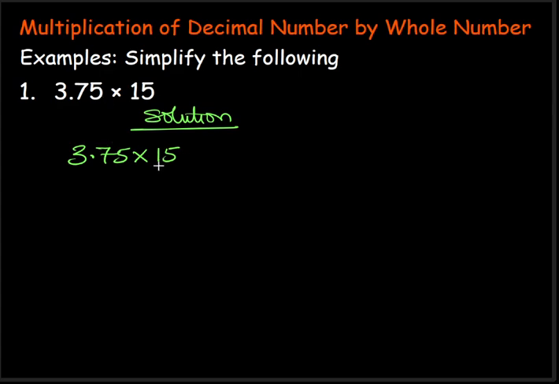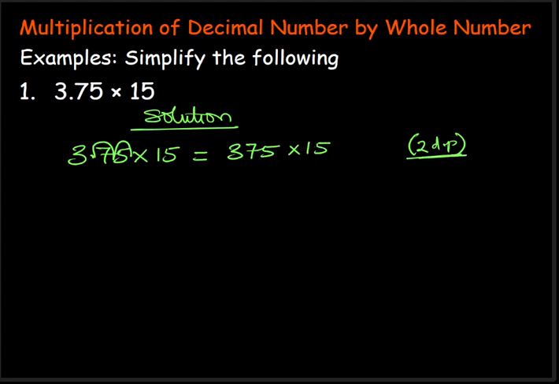So this 15 is already a whole number, and to make this 3.75 become a whole number, if I shift this decimal point two times, 1, 2, that will be equal to 375 times 15. But you must take note that we've shifted two decimal places, because we are going to return it when we are done.